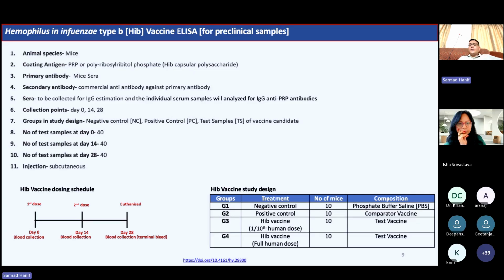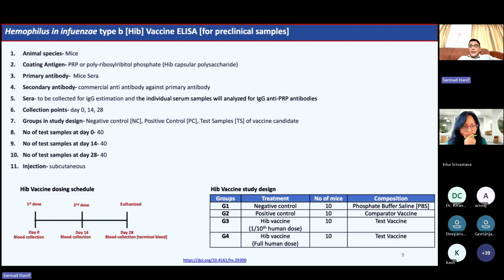Although it is not zero, it may give you some values, but very close to the baseline. The composition of negative control is phosphate buffered saline generally. However, people keep different kinds of negative control, but it is not having any antigen. It will be giving you the least response, that is very close to the baseline.